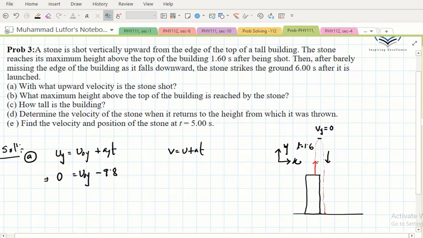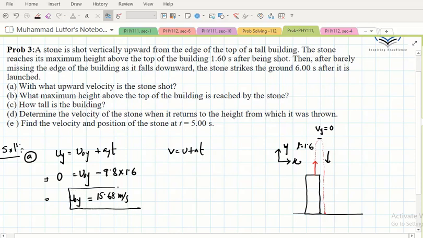Whether you move upward or downward, g is always in the downward direction. That's why it's a minus sign, because I chose the upward direction as positive. The time taken to reach that point is 1.6 seconds. Then I can find V0y is 15.68 meters per second. So this is the answer to question number 1.